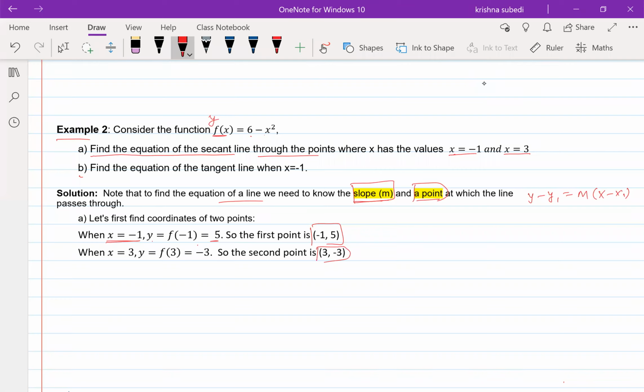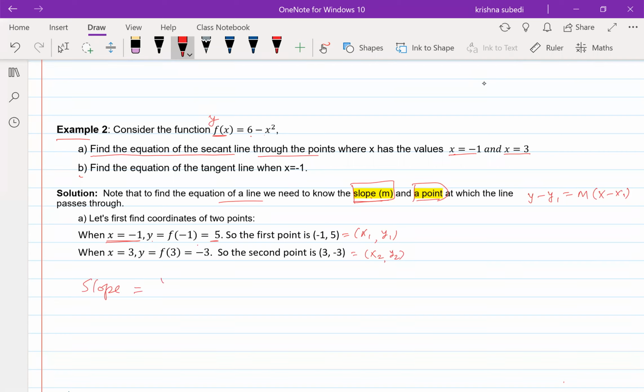So basically, we need to find the equation of a line passing through these 2 points. So we already have the point here. This is my x1, y1, and this is x2, y2. So first we need the slope. Let us find the slope here.